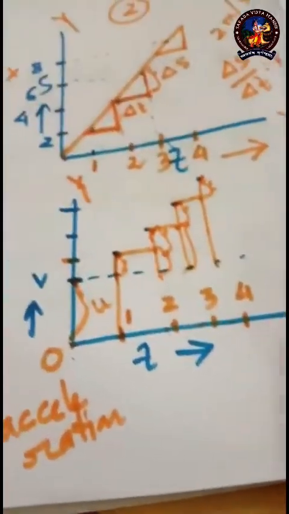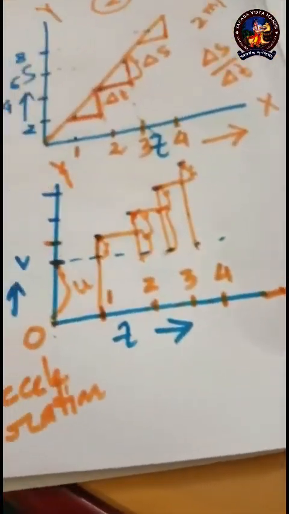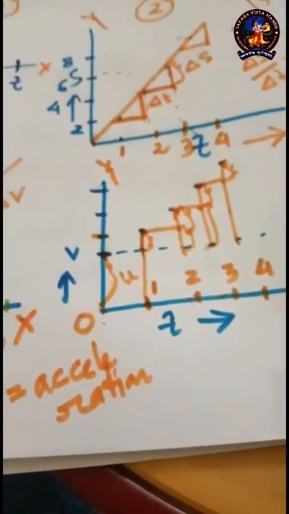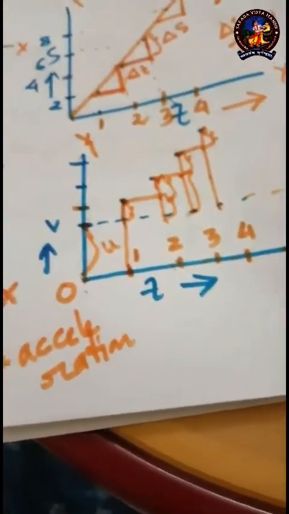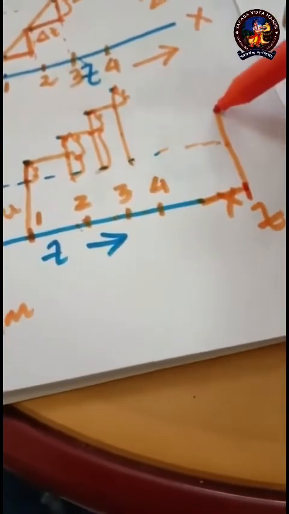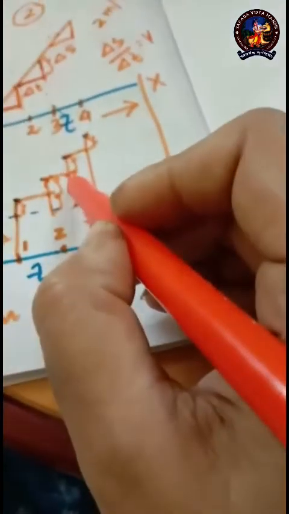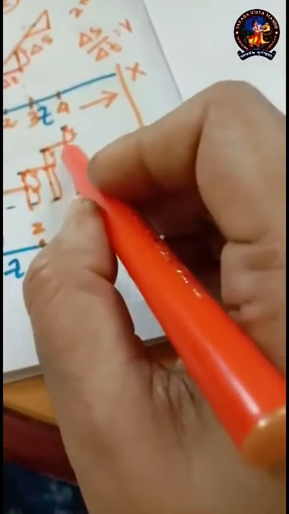So if we consider this to be t seconds, after t seconds what will be the velocity? It will be u plus t a. That is, it was a, 2a, 3a, 4a, and with time t, it is at.